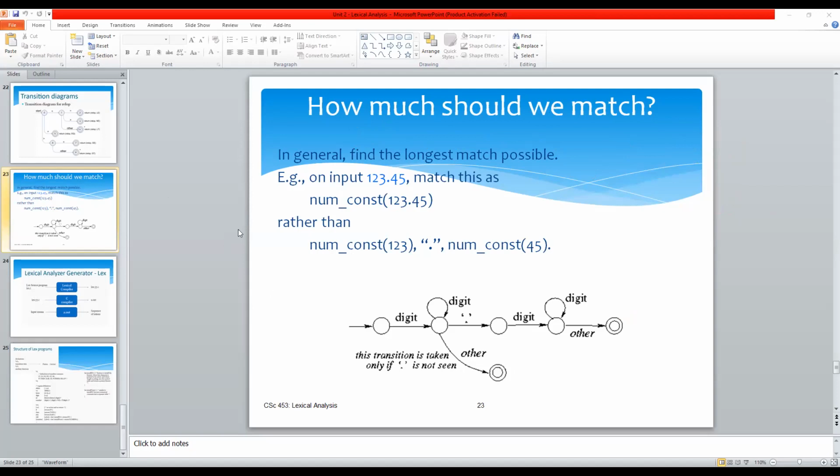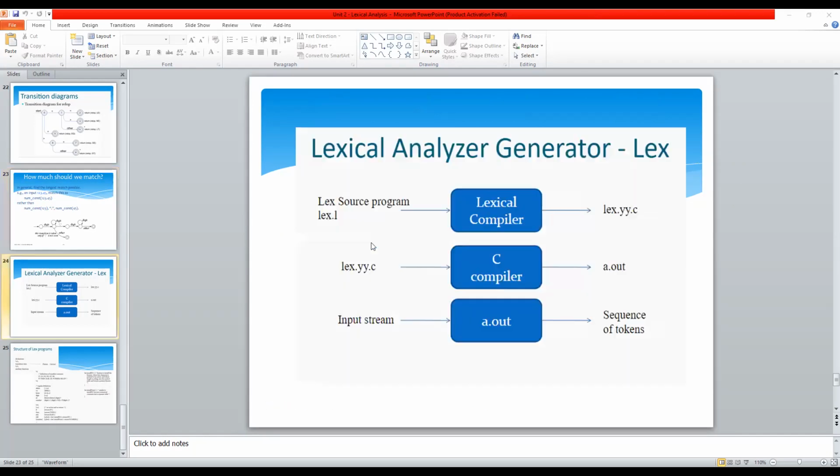So let us see the next bit, which is the last bit of this second chapter, the lexical analyzer generator. For this lexical analyzer generator, we are going to make use of the Lex tool. It is the same as your C editor, but it has different programming constructs.